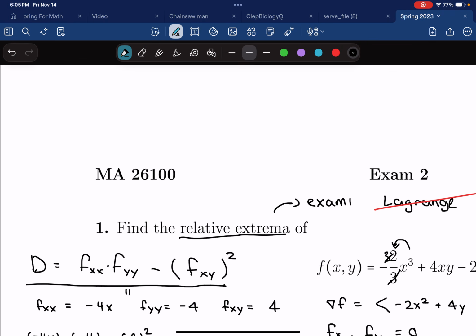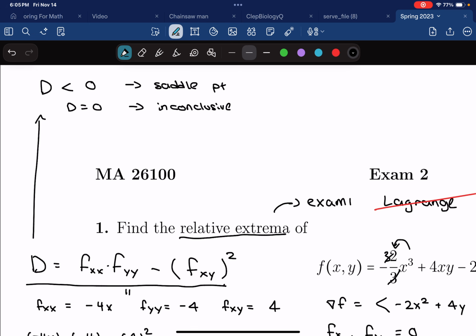Remember, if the discriminant, in this case this D, is less than 0, that will become a saddle point. If the discriminant is equal to 0, it is inconclusive. And if D is greater than 0, then you have an extrema. So that will be min or max.